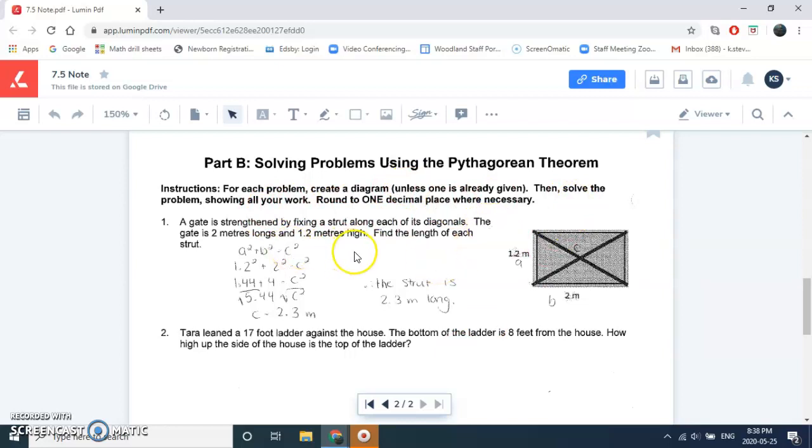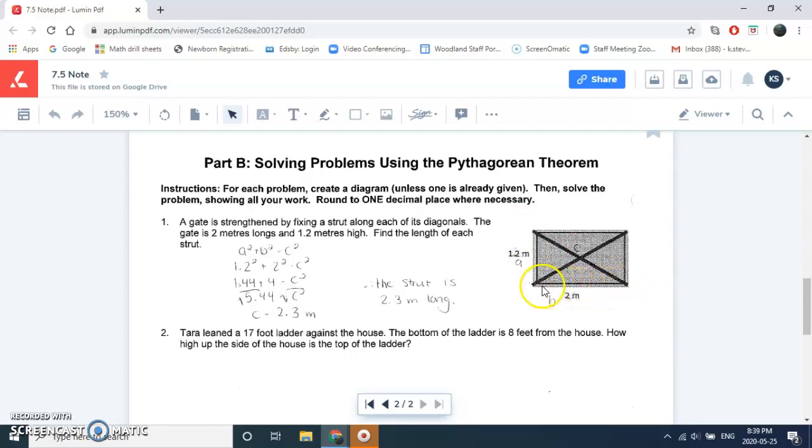All right, so our gate is strengthened by fixing 2 struts along each of the diagonals. That's our thick black lines here. The gate is 2 meters long and it is 1.2 meters high. Find the length of each strut. If we break this down, we can actually see 2 triangles here.